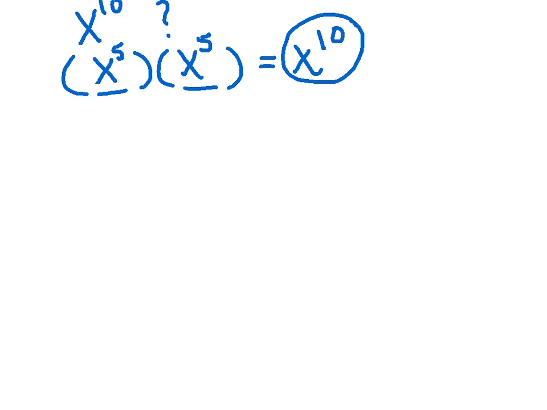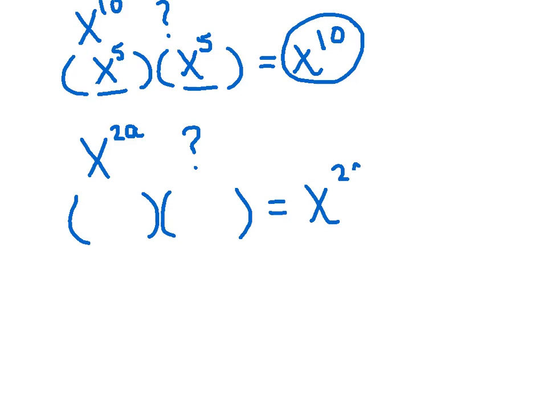Now here's an even crazier example. How about x raised to the 2a power? This is a really wild one. Is x to the 2a a perfect square, yes or no? So we're trying to think of is there two terms that are identical to each other that I could multiply together to get x to the 2a?